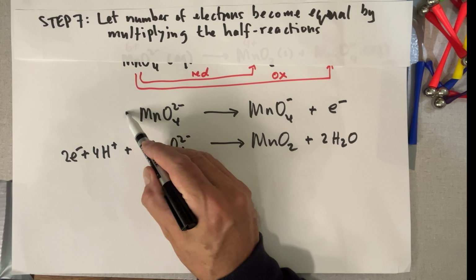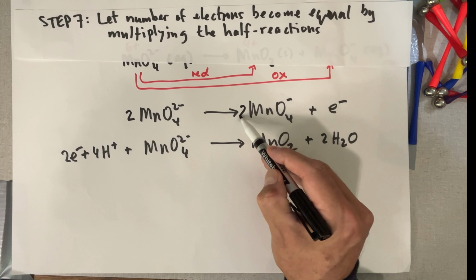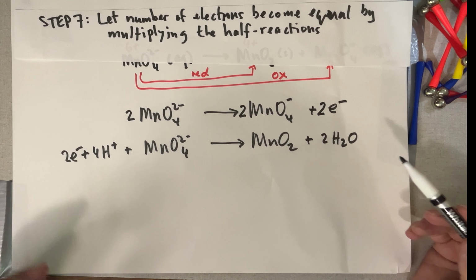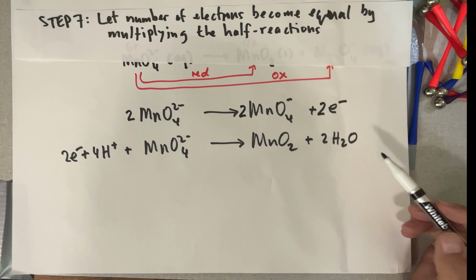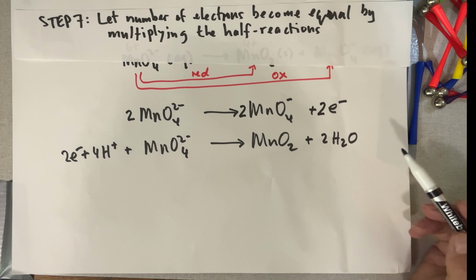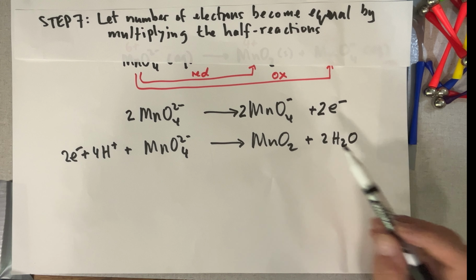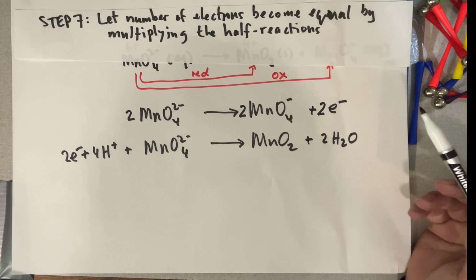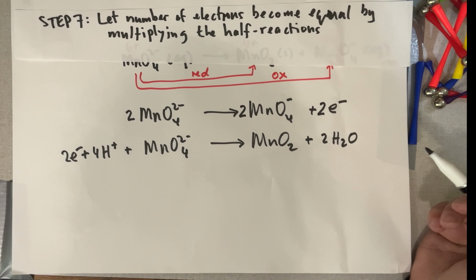So 2, 2, 2. Now what has happened is all the charges have been balanced, and you've also balanced the appropriate atoms in the reaction.